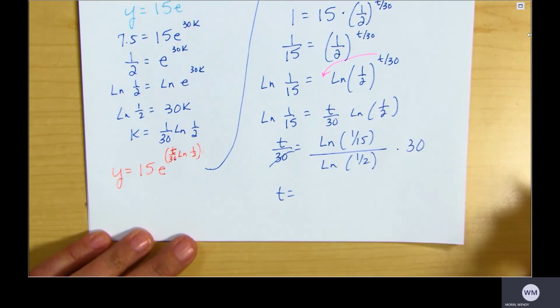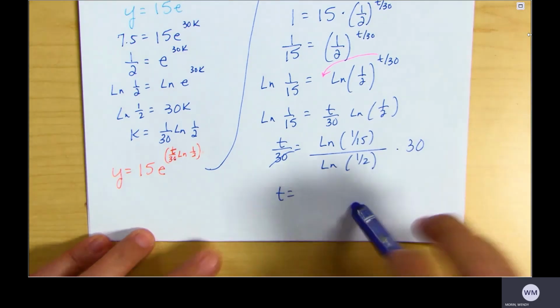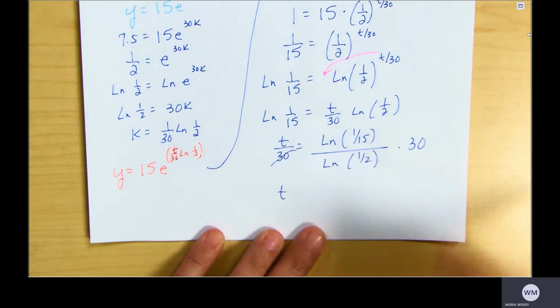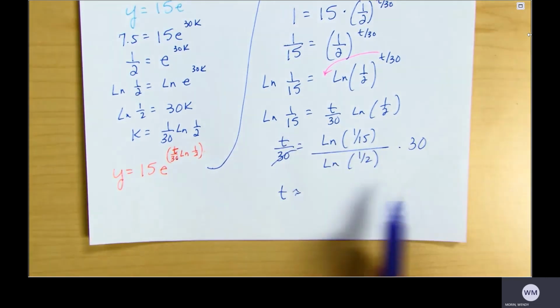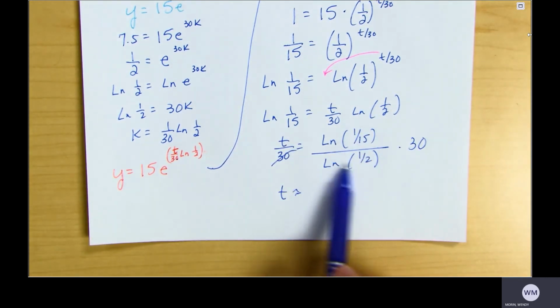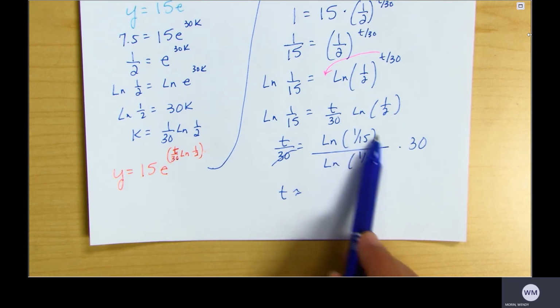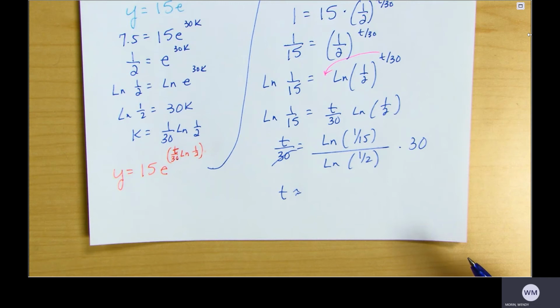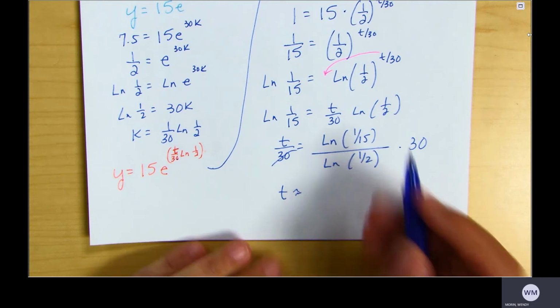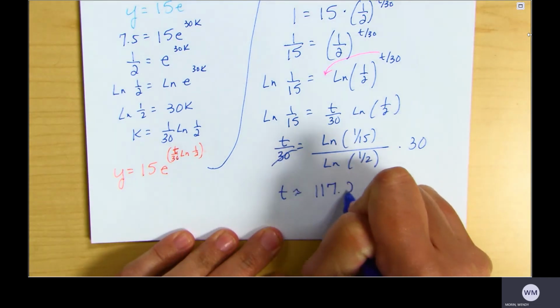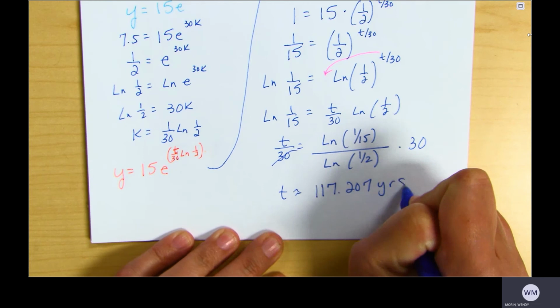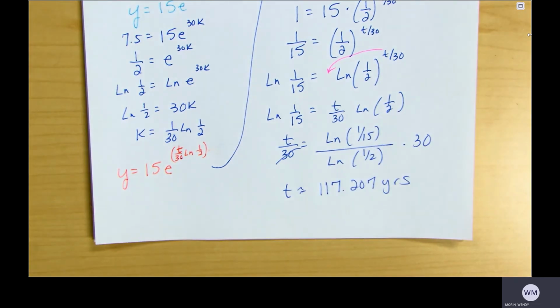And again, this is going to be a calculator problem. So t is approximately equal to, you can go ahead and check it on your calculator. I would practice typing this in very carefully because you have your fractions. You don't want to mess up your parentheses. t is going to be approximately 117.207 years.